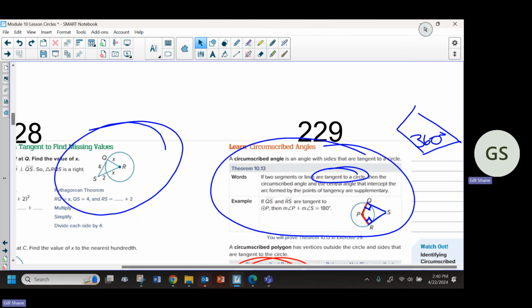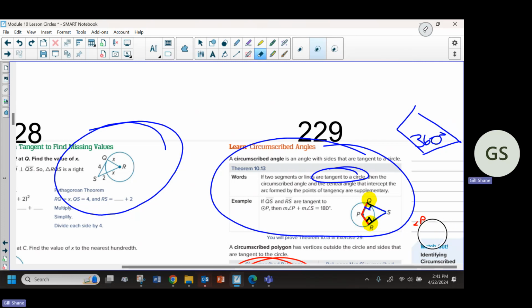Well, if I know that angle right there is 90 and that angle right there is 90, then that means angle P plus angle S have to also add up to 180.